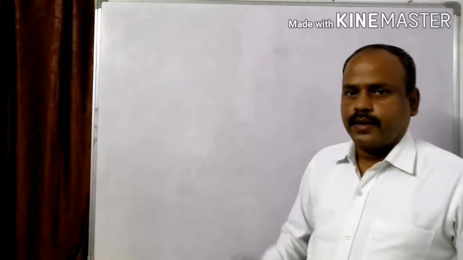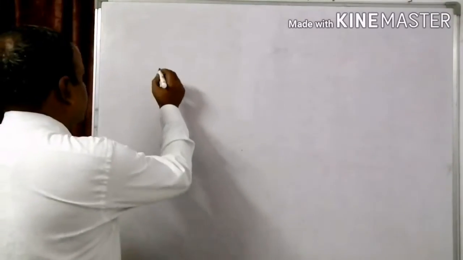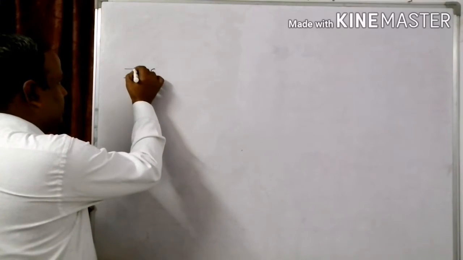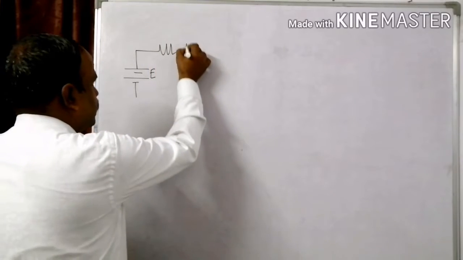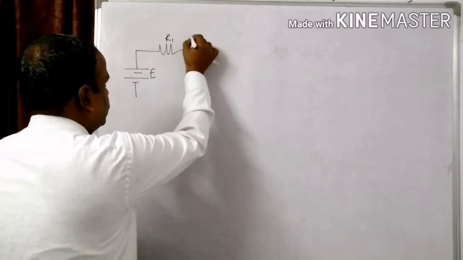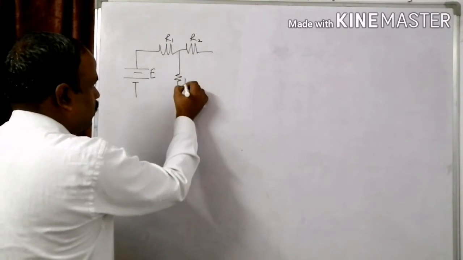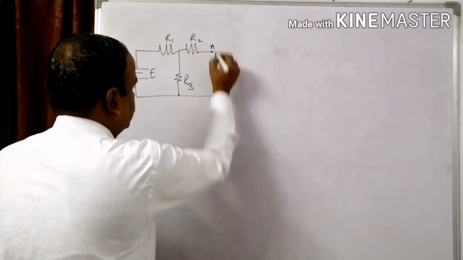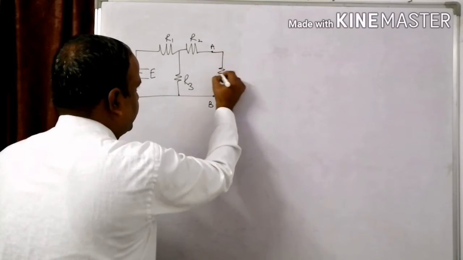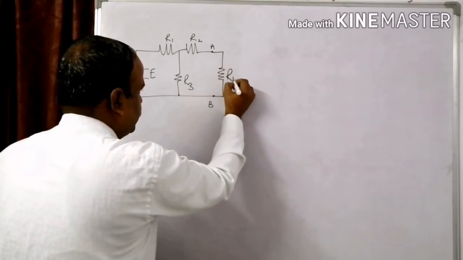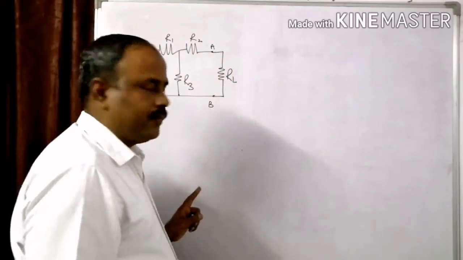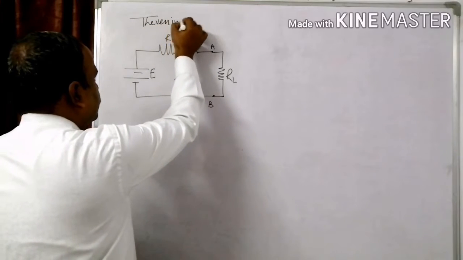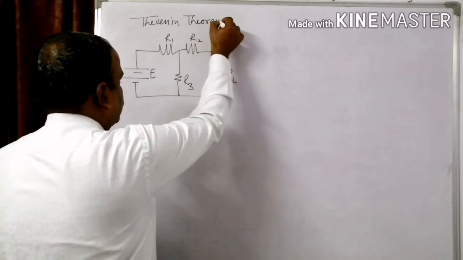Here is a DC circuit in which there is a voltage source having voltage E and resistances R1, R2, R3, and a load resistor RL connected between points A and B.